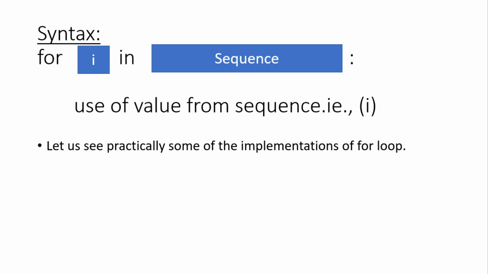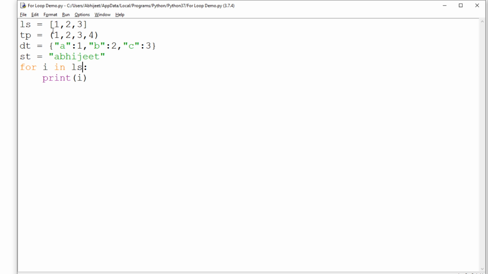Now let us look at some practical examples, which will help us understand better. Suppose we have defined here a list, a tuple, a dictionary, and a string. We have already seen the syntax of the for loop: the keyword for, and after that a variable name.